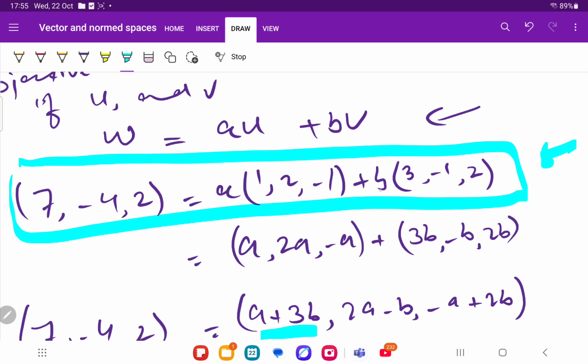If we put b is equal to 0, this part will go away, because b is equal to 0 and a is minus 2.